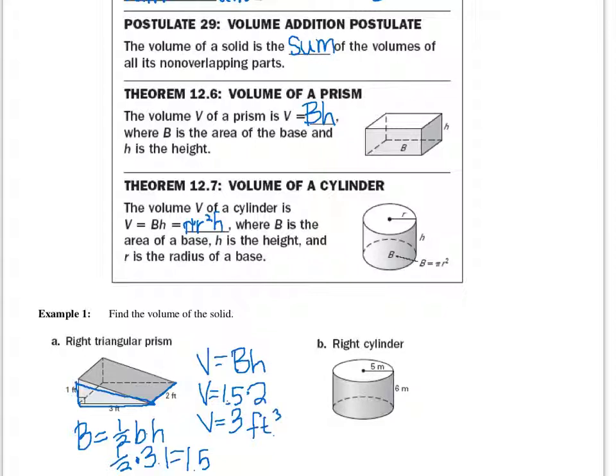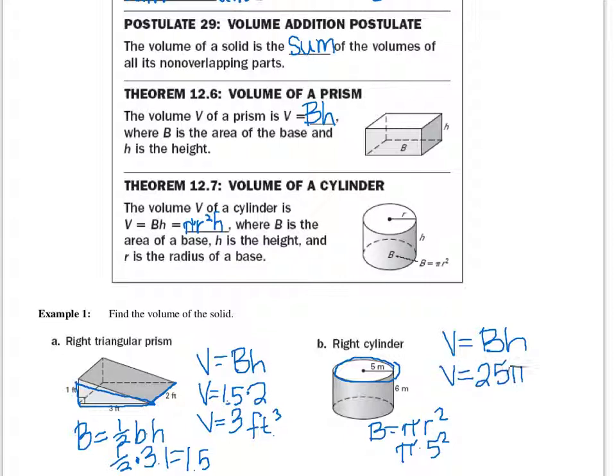B is the volume of a right cylinder. So again, we're still going to use volume equals base area times height. But to find our base area here, since our base is a circle, we're going to use pi times our radius squared. Since our radius is 5, it's pi times 5 squared. So my volume equals, my base area is 25 pi times my height is 6.